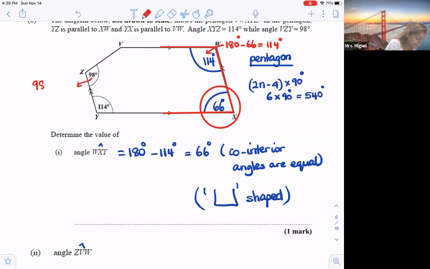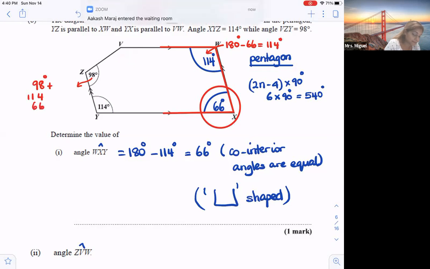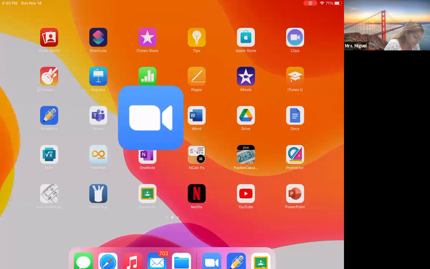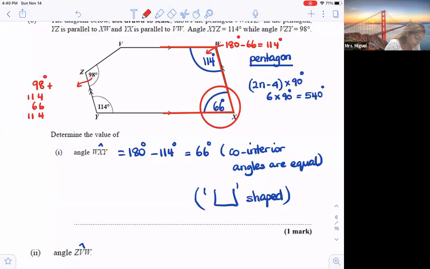So 98 plus 114 plus 66 plus 114 again will give me 392 degrees.